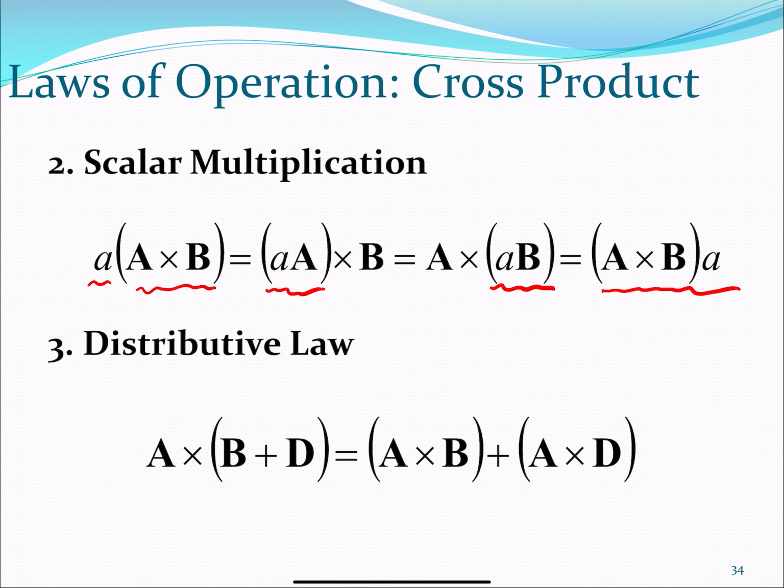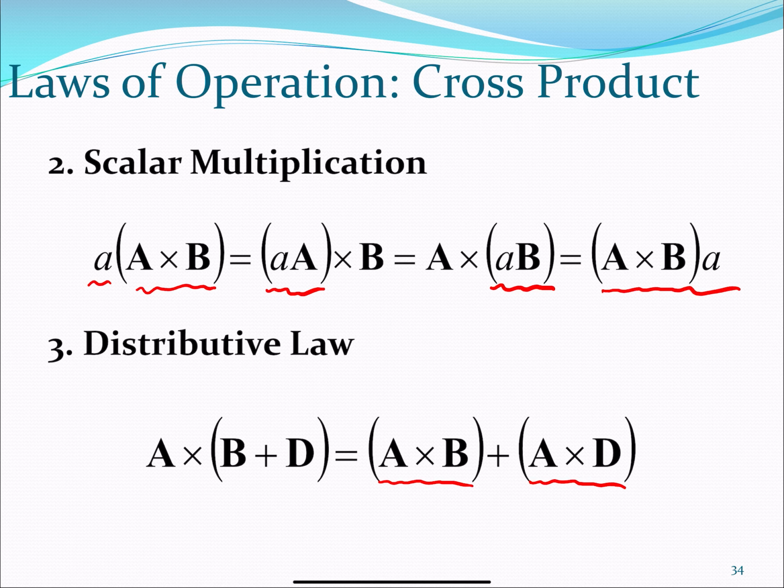We can use the distributive law: if we have vectors B and D added together, and then we cross with A, we can actually cross A cross B first, and then add A cross D. So the distributive law works fine with vectors.